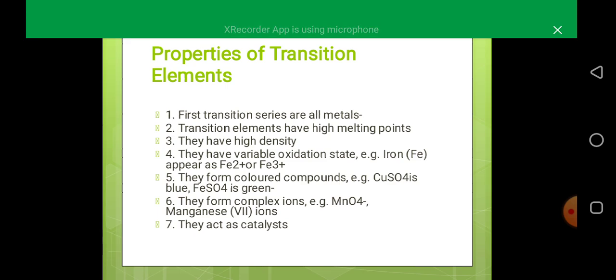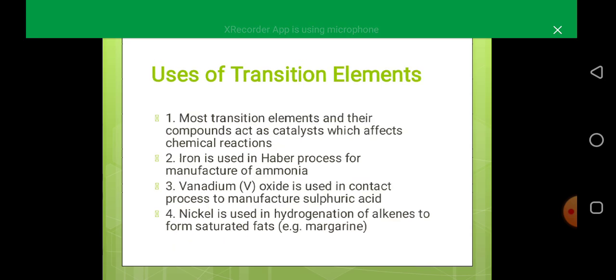They act as catalysts. Transition metals act as catalysts in chemical reactions. Most transition elements and their compounds act as catalysts which affect chemical reactions. Iron is used in the Haber process for the manufacture of ammonia.